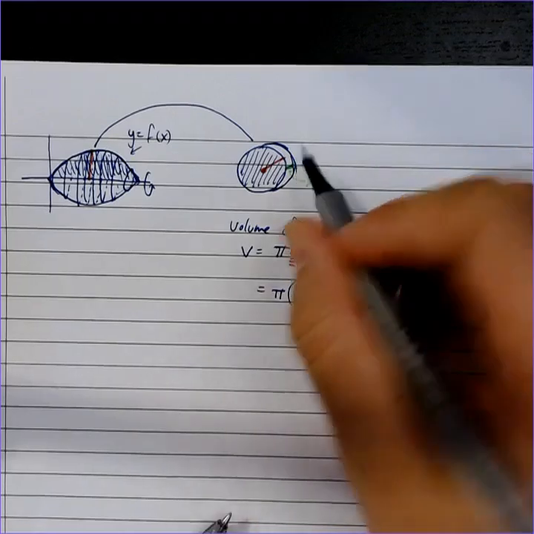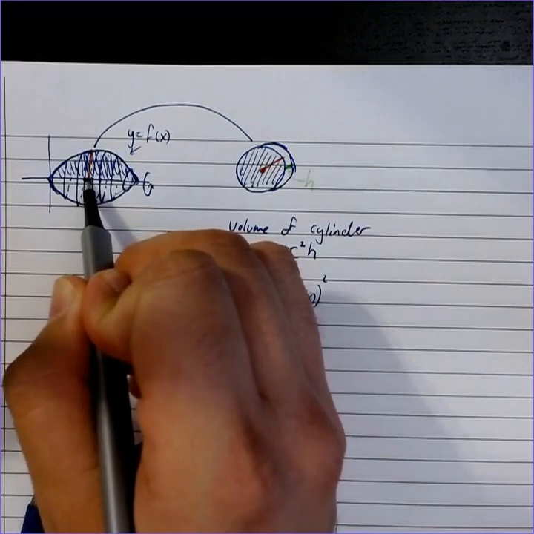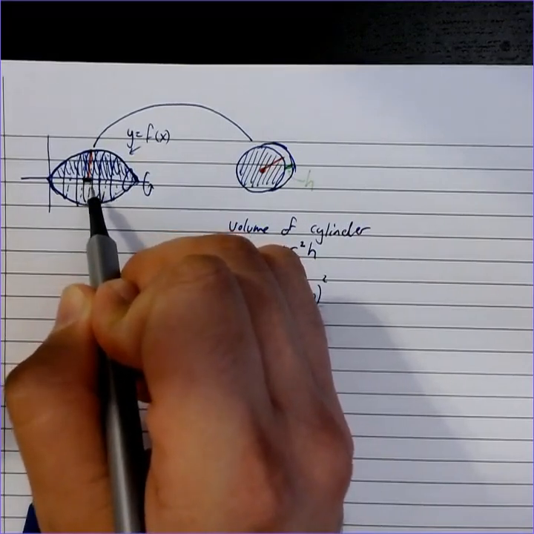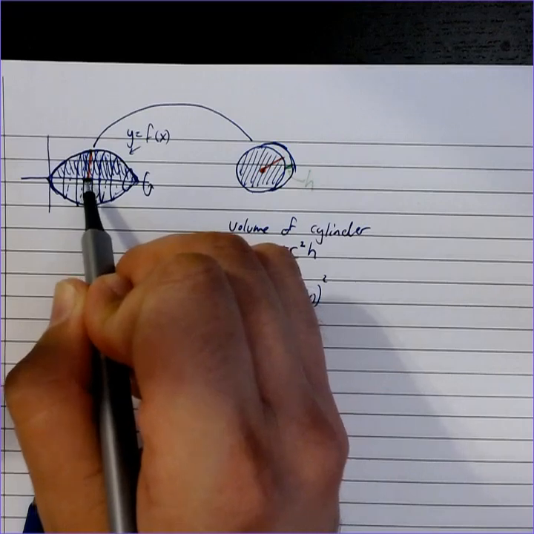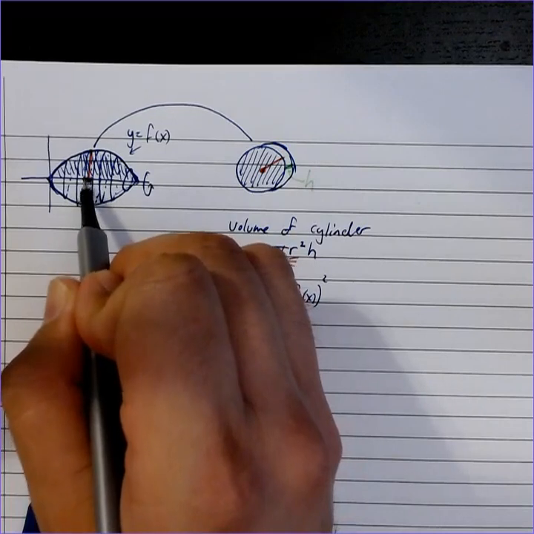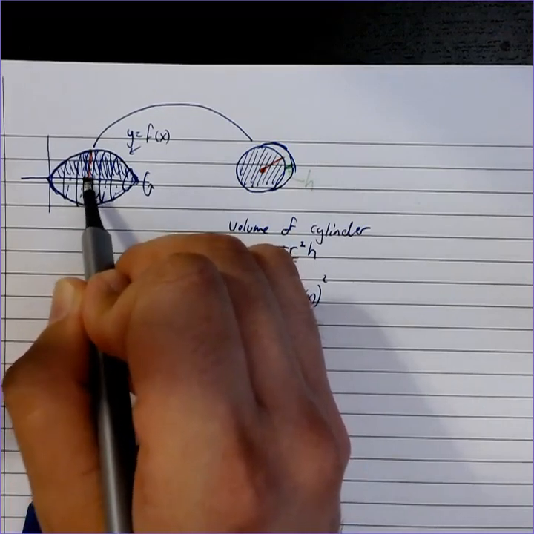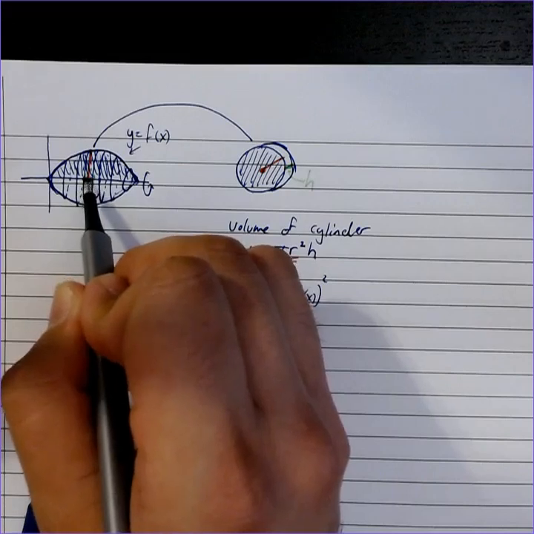Okay, well, the thickness of that coin is just that thickness across here, that little tiny amount of distance from one slice to the next slice. Okay, well, that's a little tiny change in the x direction. If this was x equals 1, this would be x equals 1.05 or something. Just a little tiny distance across the x-axis.